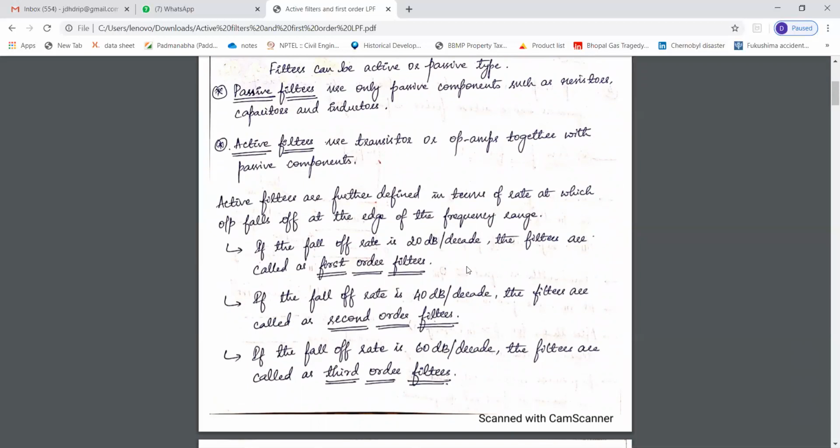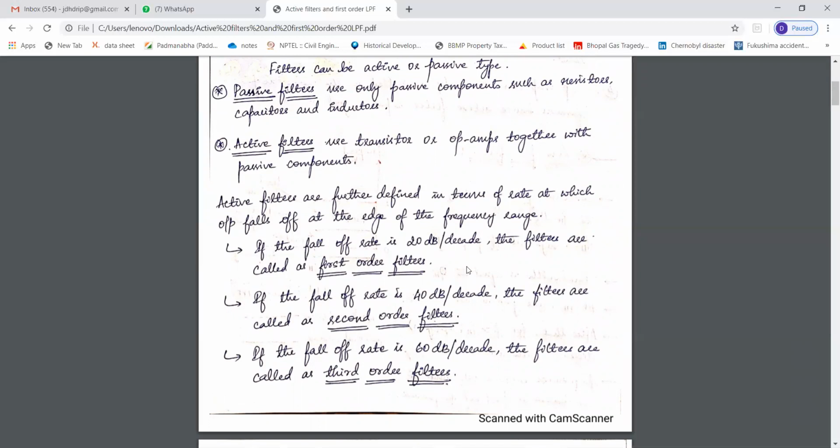Active filters can further be branched out as first order filters, second order filters, and third order filters. Based on what will they be classified? Based on the rate at which the output falls off at the edge of the frequency range. If the gain falls by 20 dB per decade of frequency, the filters are classified as first order filters.